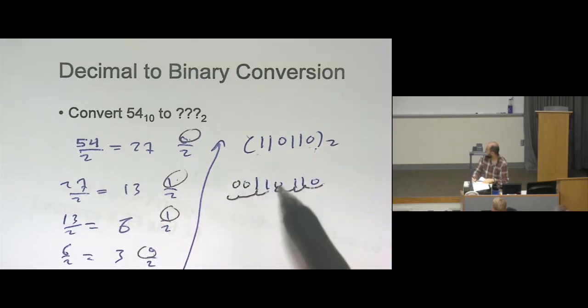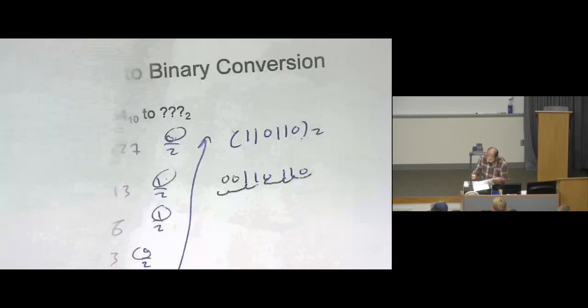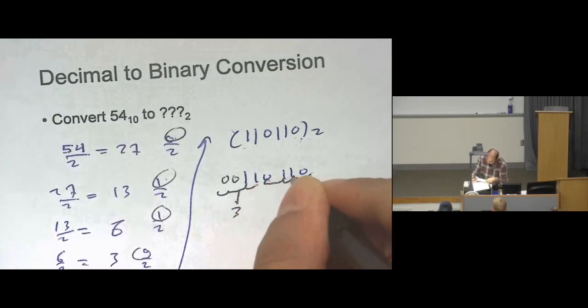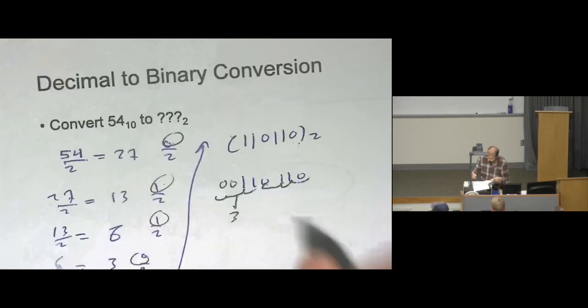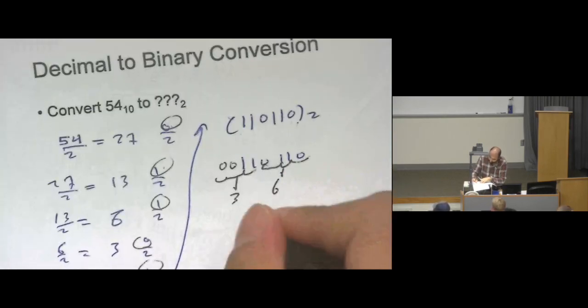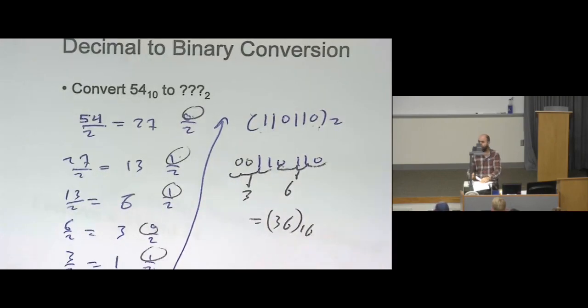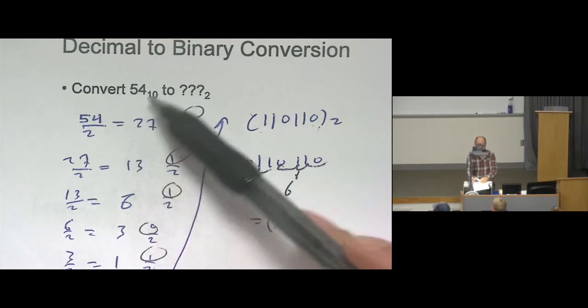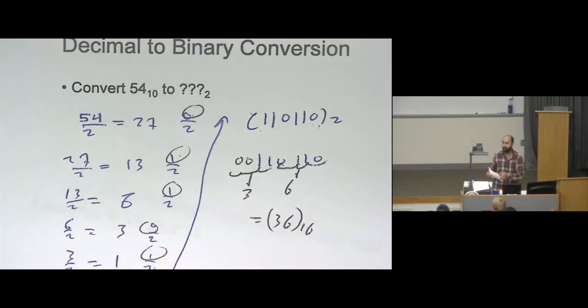So 0011 is equivalent to 3, and 0110 is equivalent to 6. So the answer will be 36 in hexadecimal. So you see, the number 54 equals 36. This one is in binary, this is in decimal, and this is in hexadecimal. Okay, clear? Any questions?